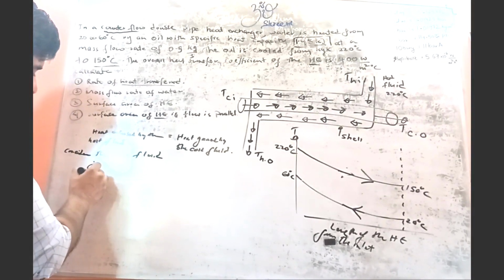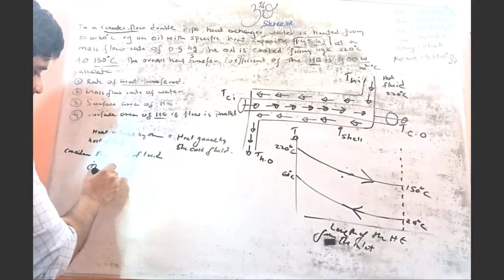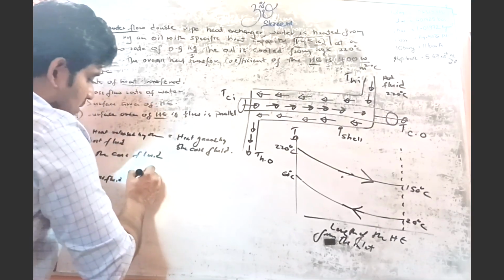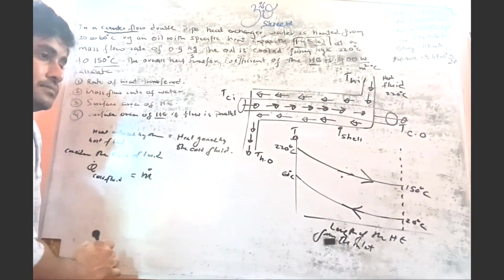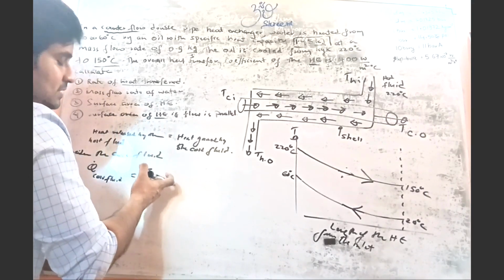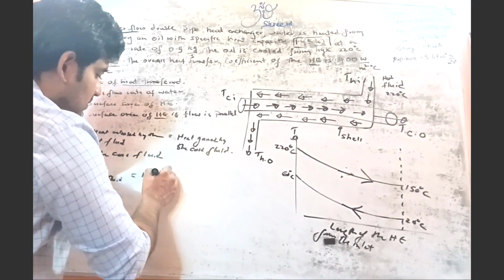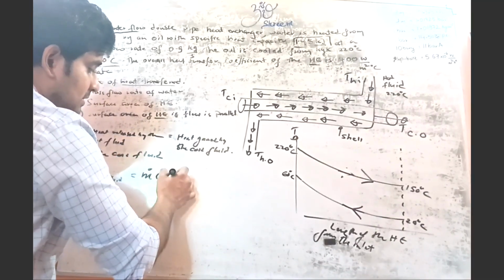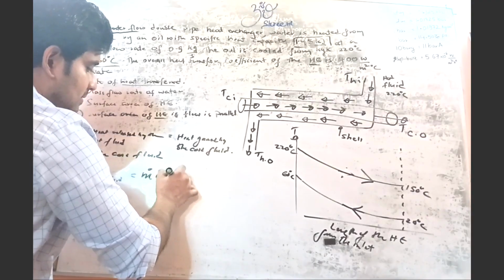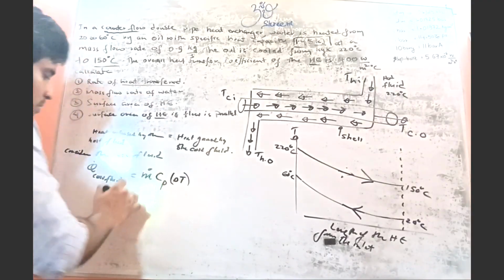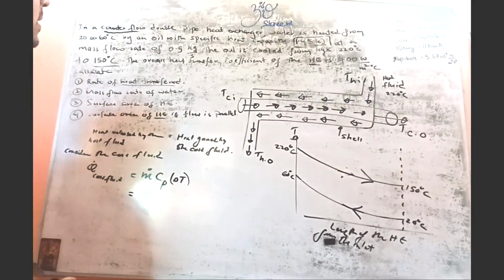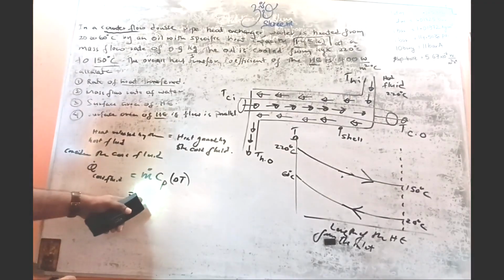Q dot for the cold fluid equals mass flow rate and specific heat capacity of the respective fluid times the temperature difference, delta T. So what is the mass flow rate of the cold fluid?